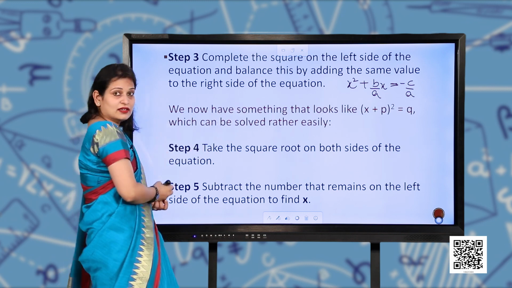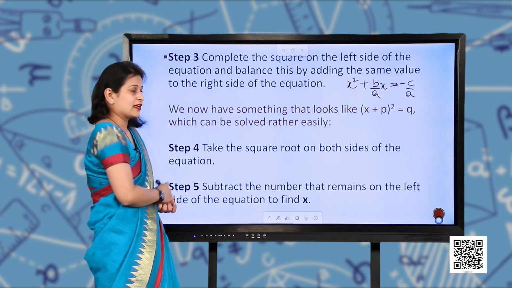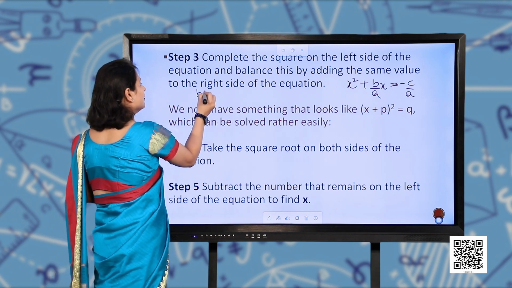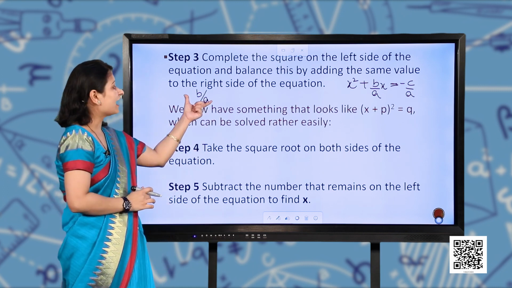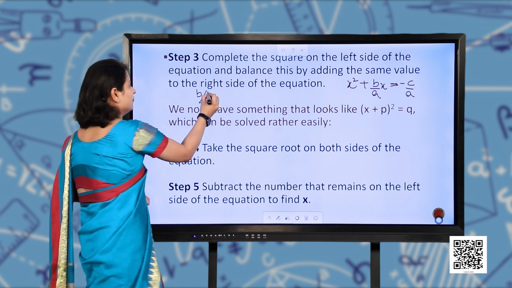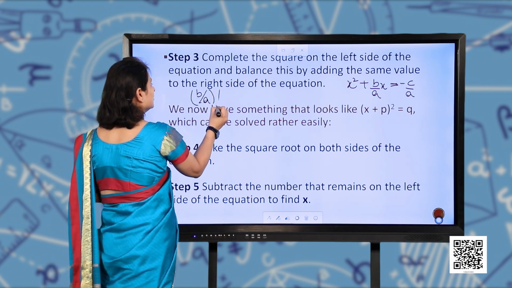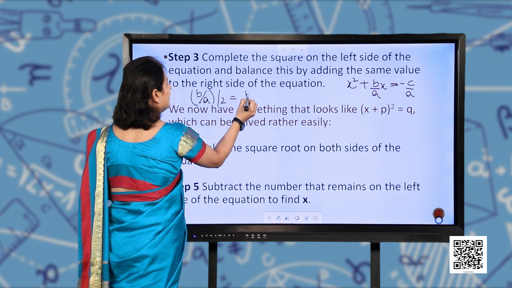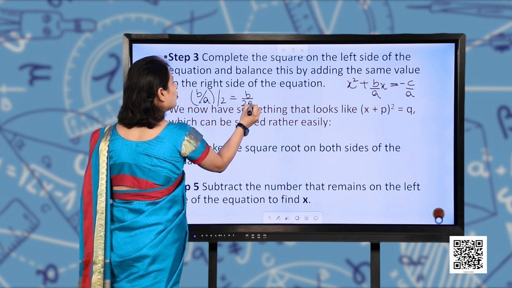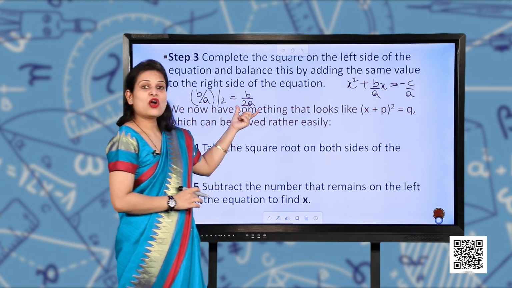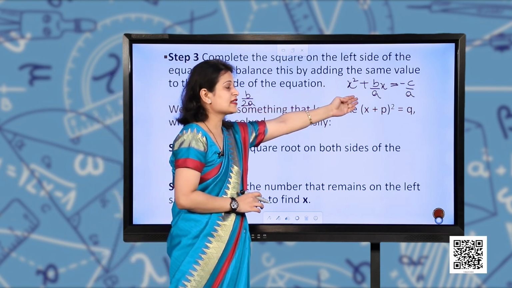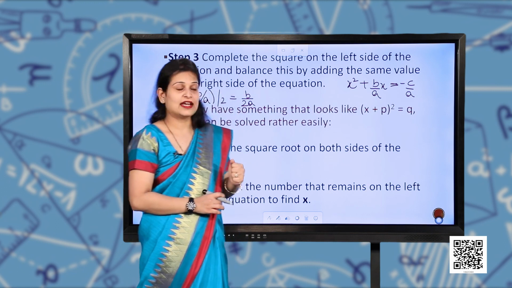So how will we complete the square? We will consider the coefficient of x. Here we have b by a as the coefficient of x. Divide this by 2. So what will you get? You get b by 2a. Now you can add the square of this to the right hand side and to the left hand side as well.